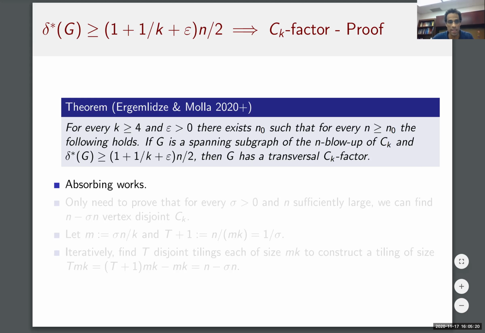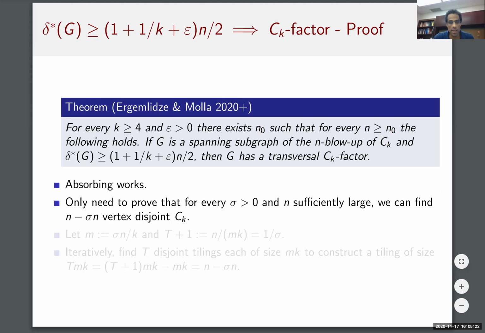And what does that give us? That means you're not really looking for a transversal C_k factor, because you don't need to cover the entire graph with transversal C_k's. You really only have to prove that for any sigma greater than 0, if you make n big enough, then you can tile all of the graph except sigma times n.